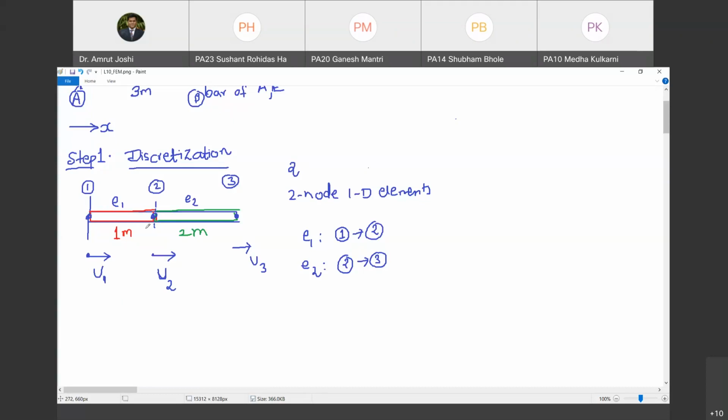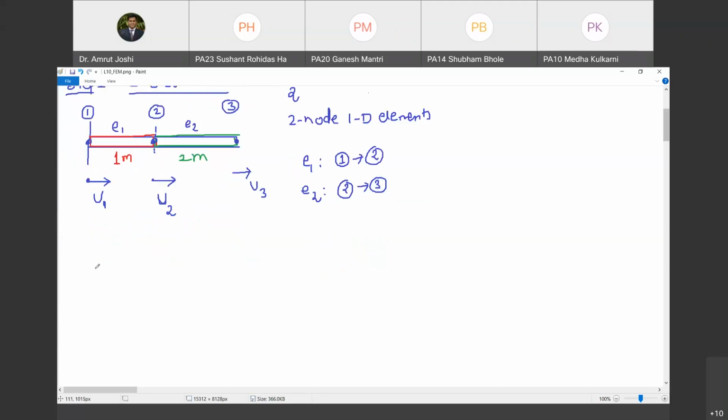Yes, sir. So if you remember, we have already laid out the scheme for writing down the displacement within the element for 1D 2 node element. For example, let me revise that quickly. So if it is element number 1 and it is 1D 2 node element, what is the starting node? Starting node is 1, and end node is 2.